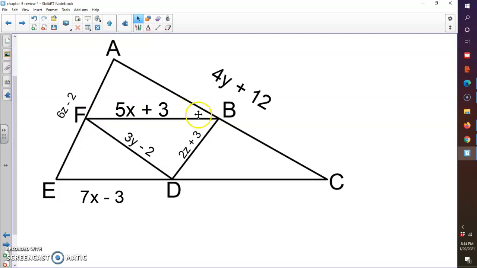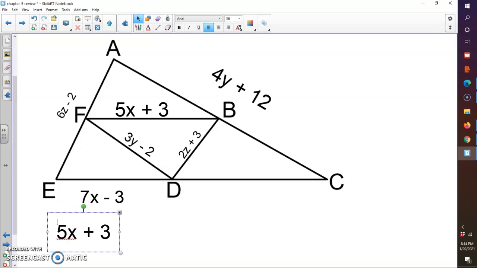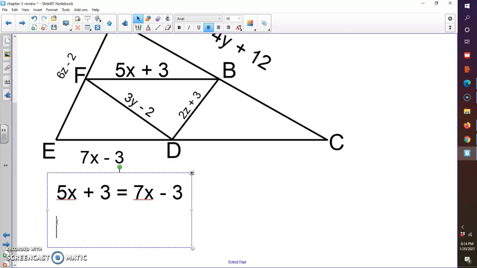All right, in terms of sides, once again, the midsegment is half the entire line. So since D is a midpoint, half of this line should equal this entire line. So this one I can do pretty quickly. 5x plus 3 equals 7x minus 3.